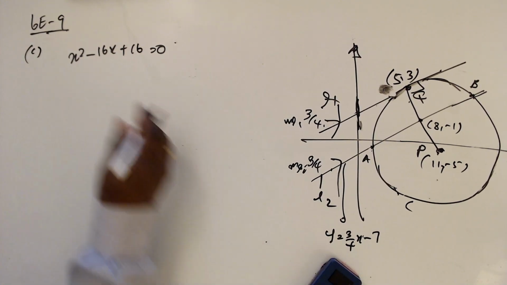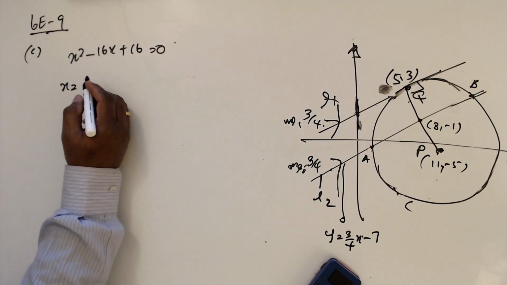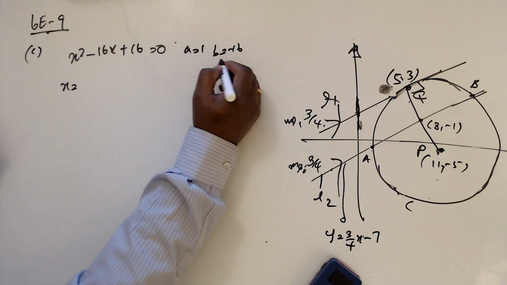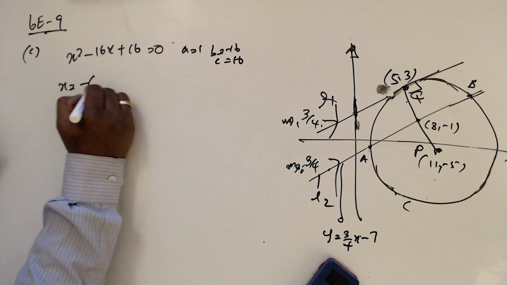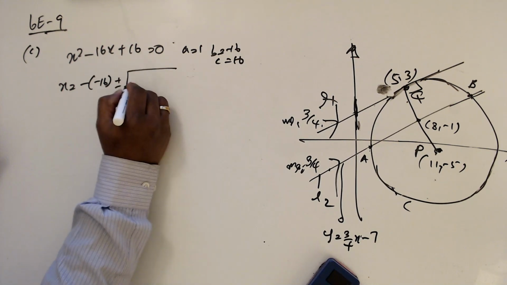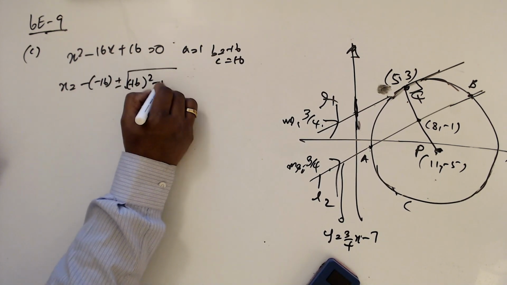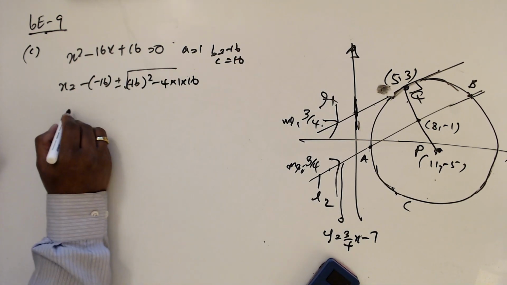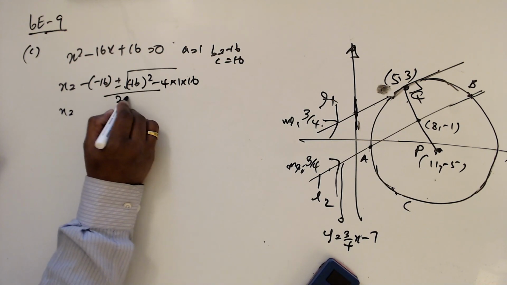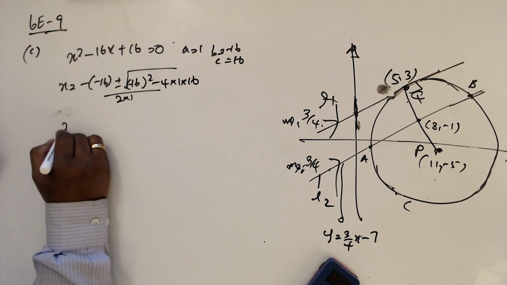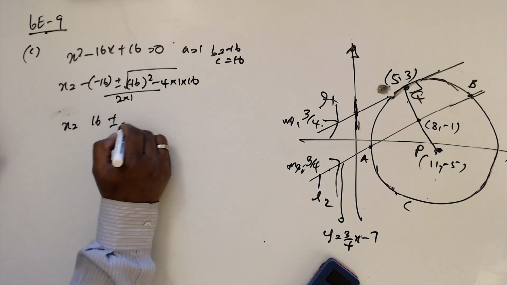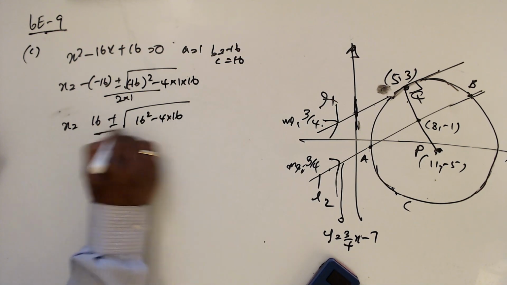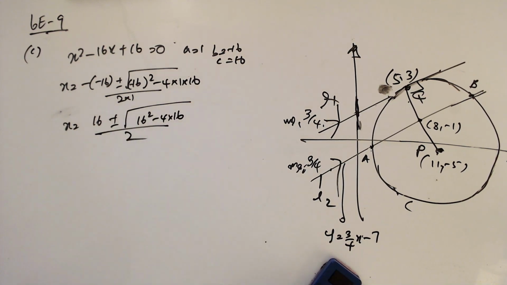Now we have to use the formula, otherwise we can't work it out. A equal 1, B equal minus 16, C equal 16. x equals minus B plus or minus the square root of B² minus 4AC, so 16² minus 4 times 1 times 16, divided by 2 times 1. x equals 16 plus or minus the square root of 16² minus 4 times 16, over 2.